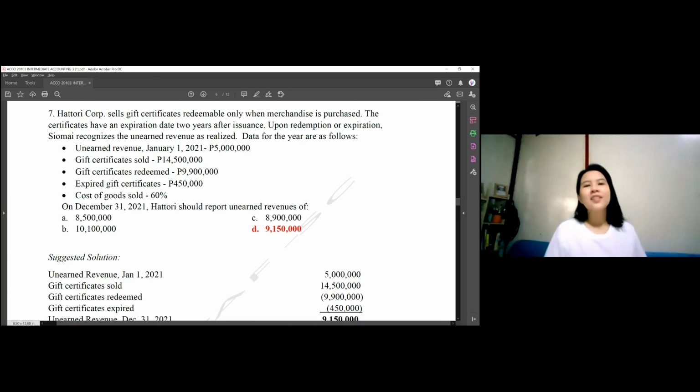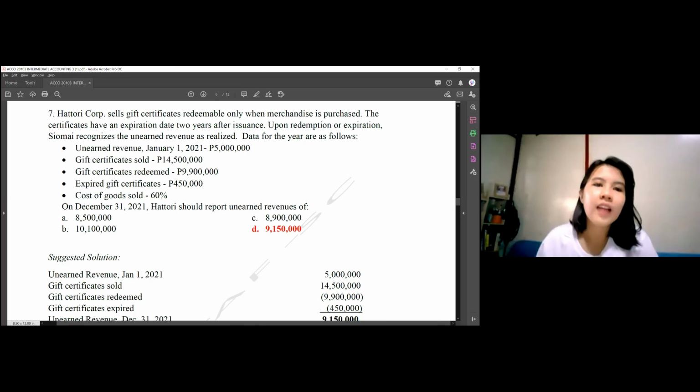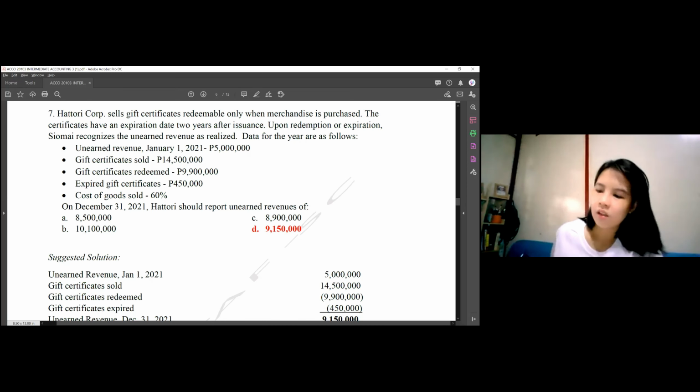So, actually, this will be easily solved din using a T account. Pero since alam niyo na you can solve by yourselves dyan, so let's just begin with unearned revenue, credit balance of 5 million. And then, we'll add lahat ng nabentang GC. So that's our liability habang hindi pa siya nakiklaim. So let's add 14.5 M. Will get 19,500,000.